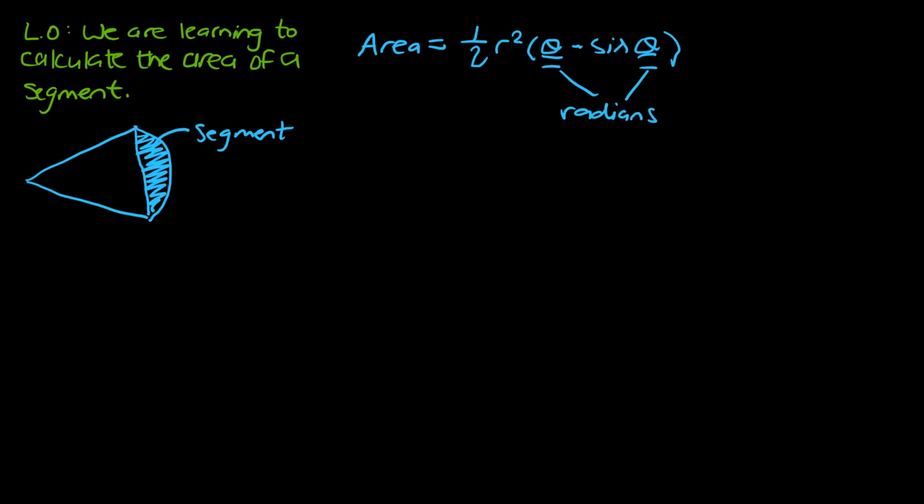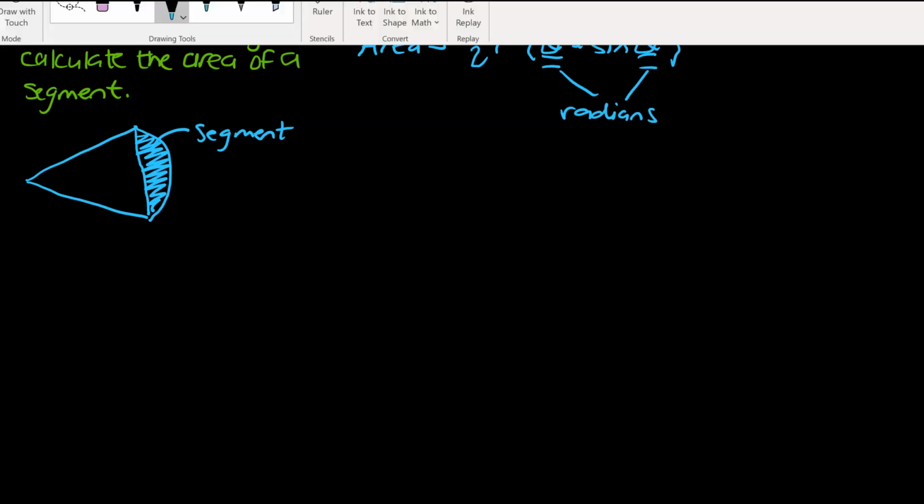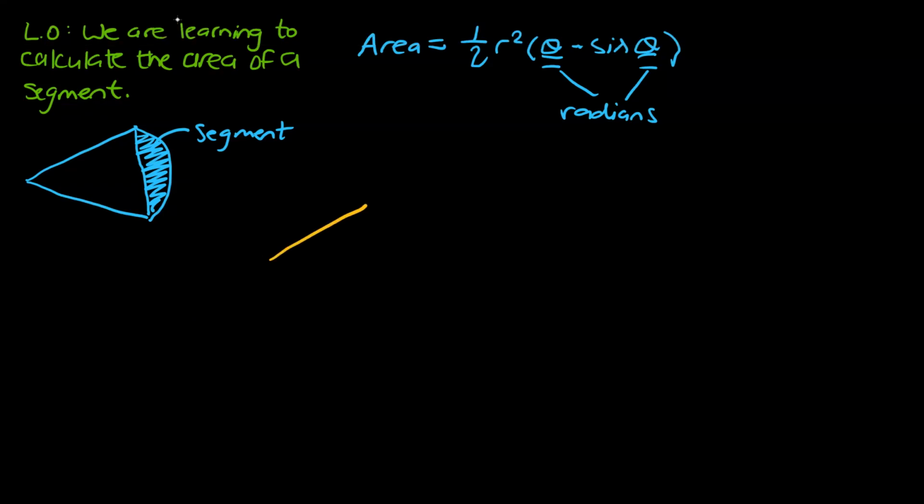So I guess the first step is, well, how did we get to that formula? So let's change pen colors, let's try and prove that formula with an example. So I'm just going to make up another segment. This is the segment, and I'm shading it in there. This circle, that would be the radius, and the other side of that would also be the radius.